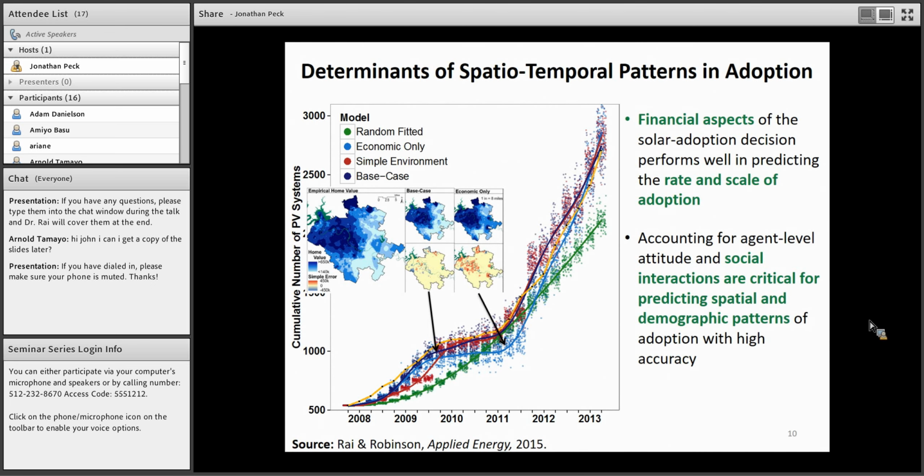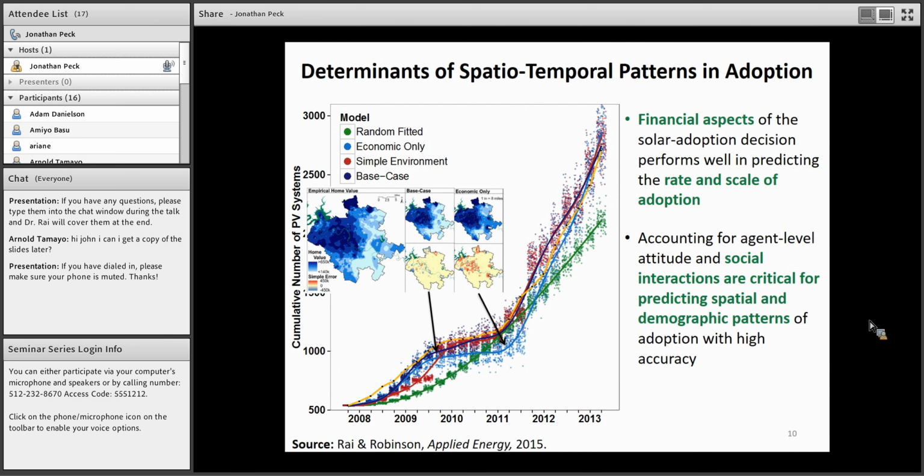To get the spatial picture right, which is very important for design of distribution systems, utilities are very interested in understanding where these systems come up and what the co-location of these systems is. To get that right, we had to necessarily include the social aspects, in particular peer effects, in the model.